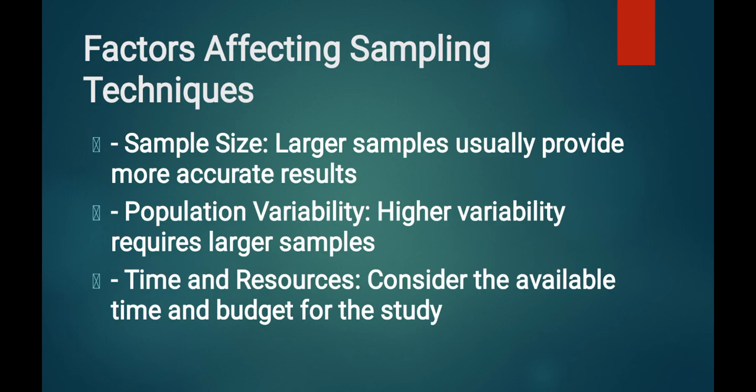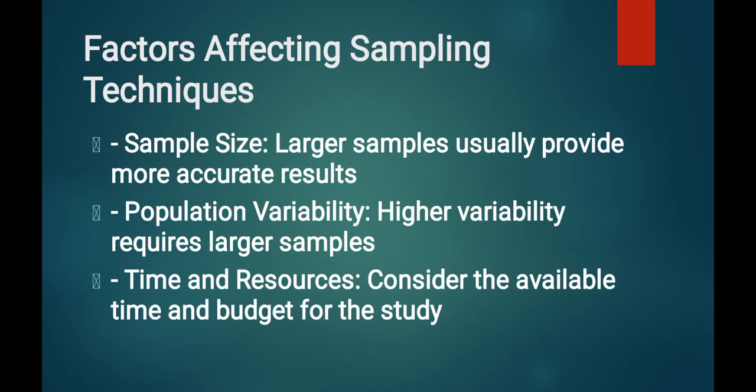So at least make sure you have a larger sample size. Number two, population variability. Now, if you see that within a population there is a lot of variability, then you should consider having a large sample.